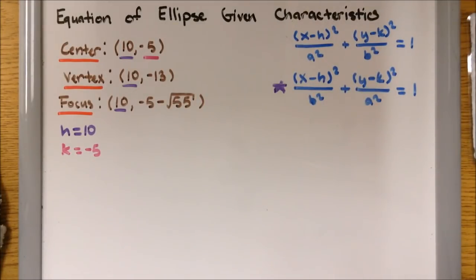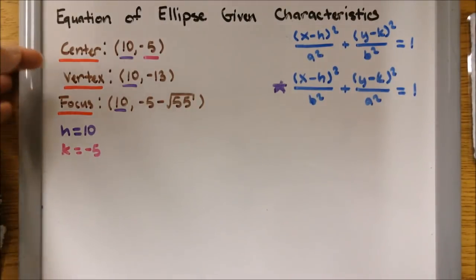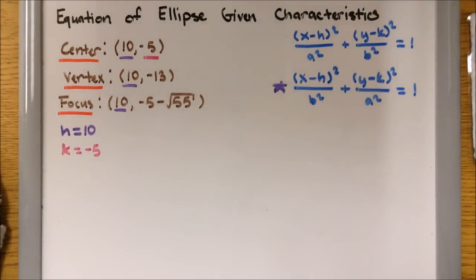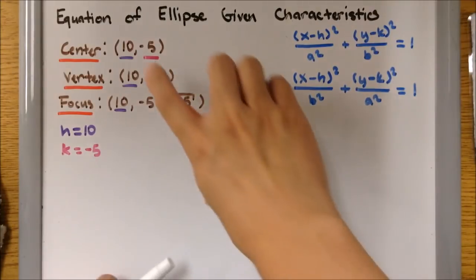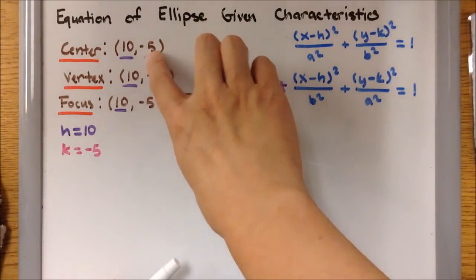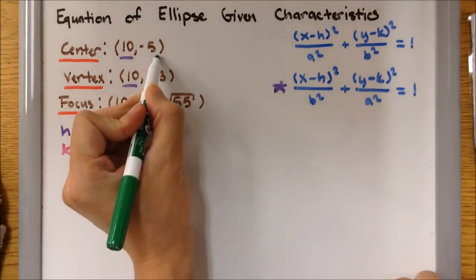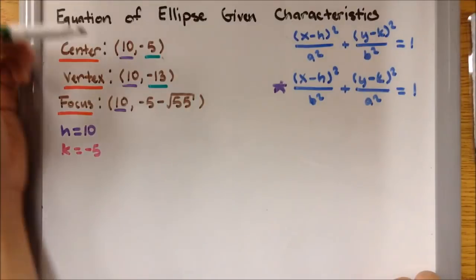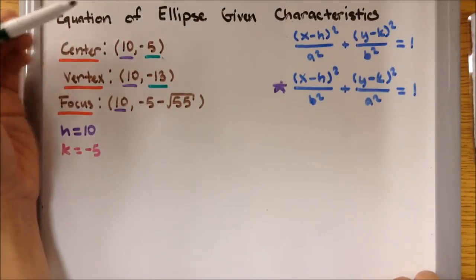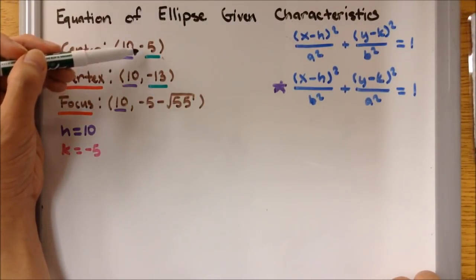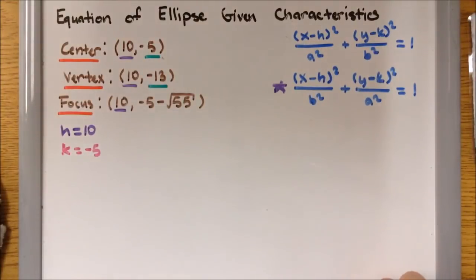So what we're going to do first is use the information that was given for the center and the vertex. In order to use them, we're going to find the distance between those 2 points given here. We're not going to worry about the tens. I'm actually going to look at the difference between -5 and -13.